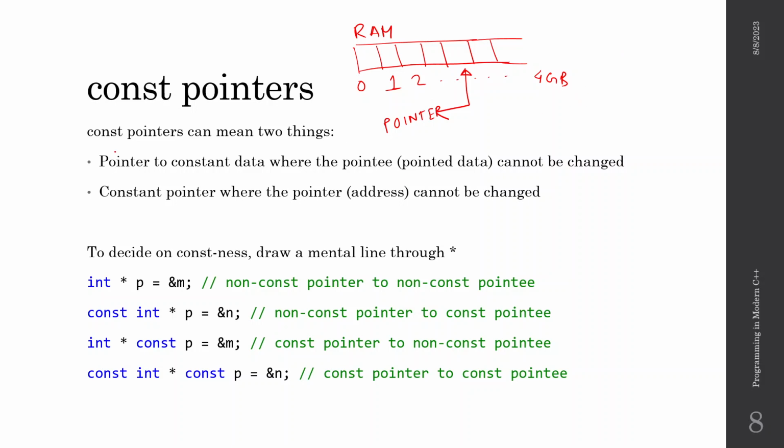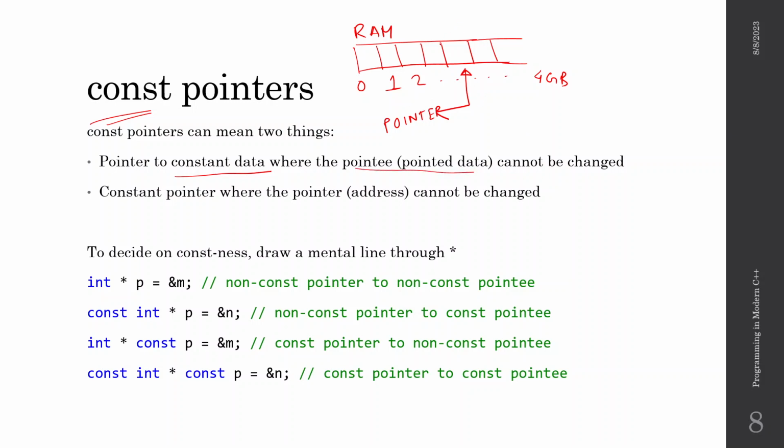Another thing is that we can add the const keyword to pointers also. But what does it mean? There are two cases, it can mean two things. The first case is a pointer to constant data, where the pointee cannot be changed.